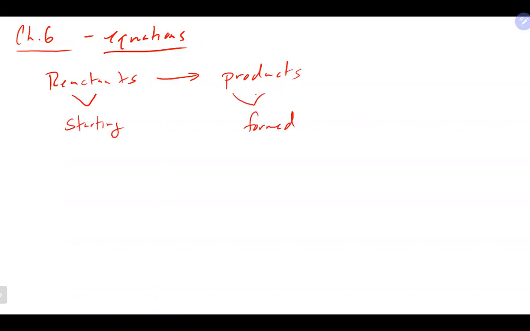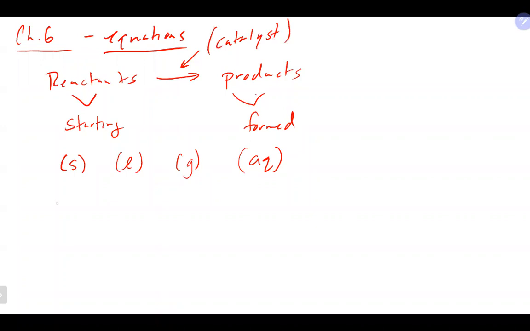In an equation, as we've talked about, there are many different symbols that we see. We have solid, liquid, gas, and aqueous states, which are sometimes written underneath. In addition, on top of the arrow, a lot of times catalysts are written there.